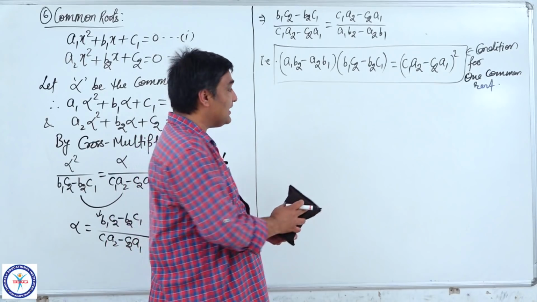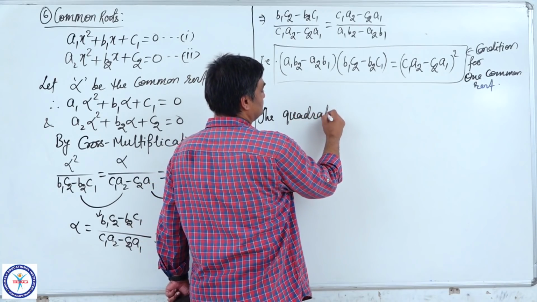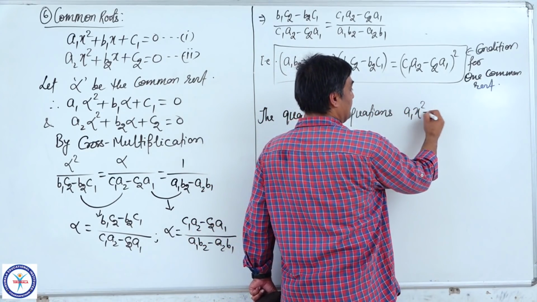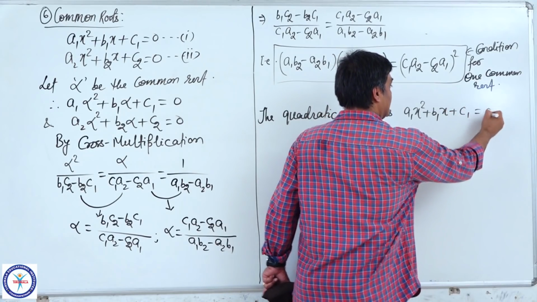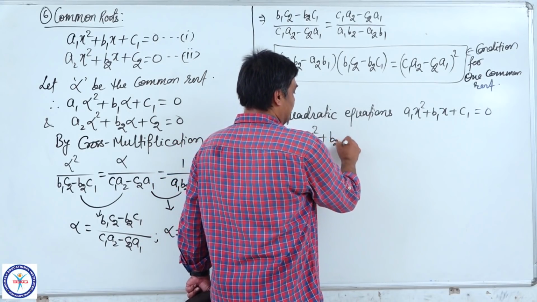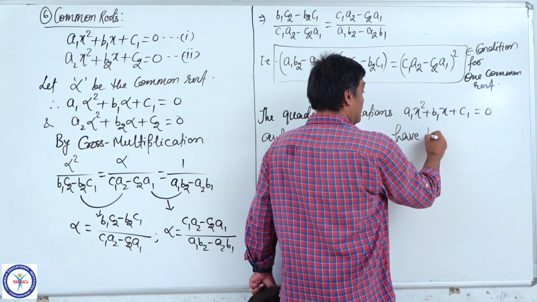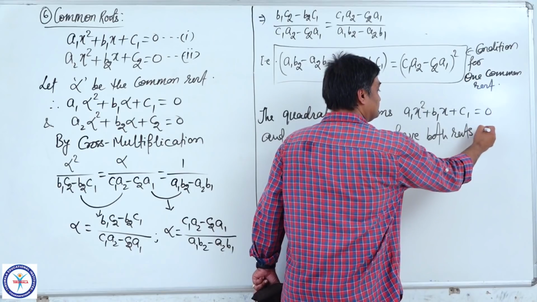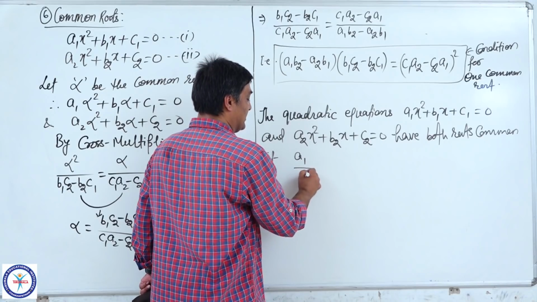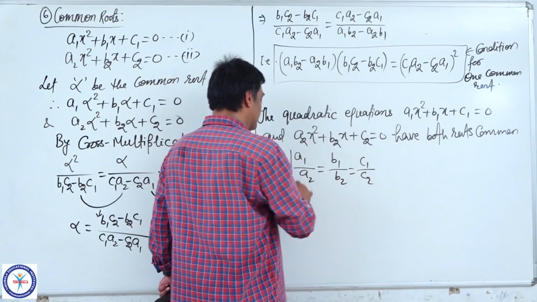So we can say that the quadratic equations a1x square plus b1x plus c1 equal to 0 and a2x square plus b2x plus c2 equal to 0 have both roots common if a1 by a2 equal to b1 by b2 equal to c1 by c2.